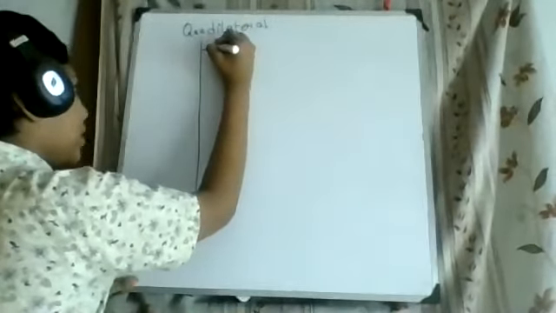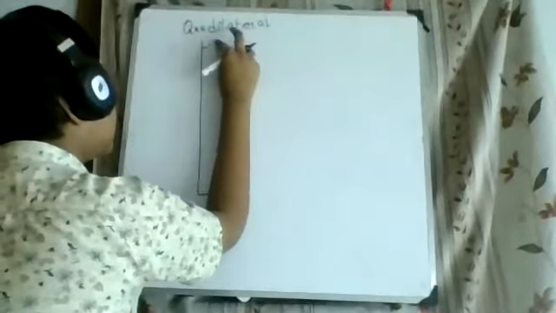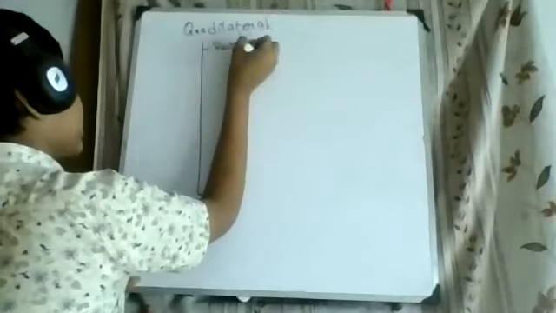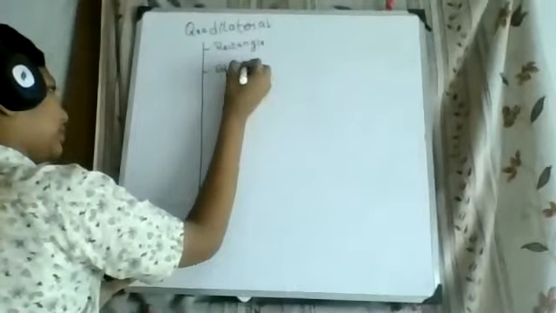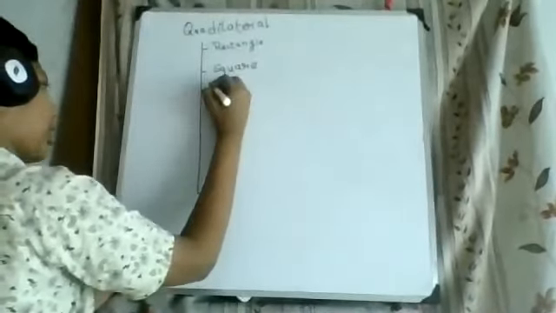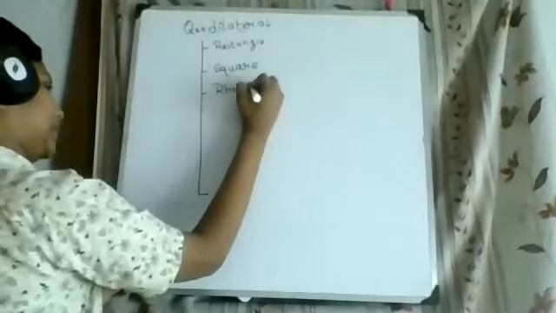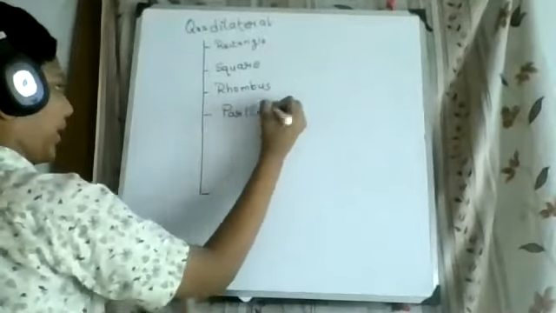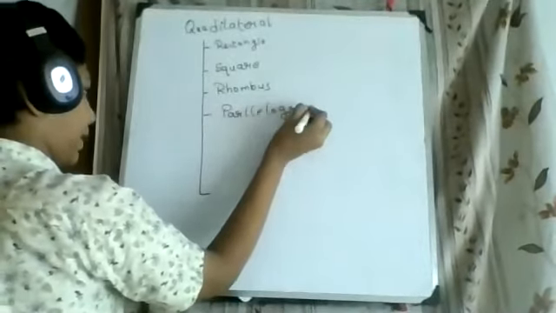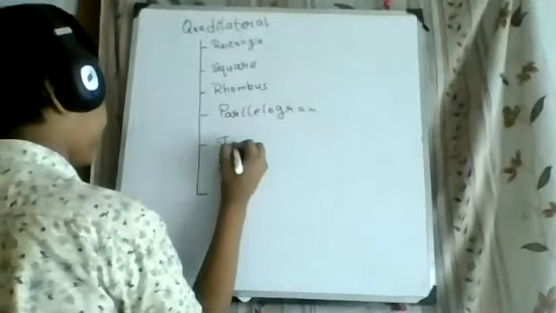First, we are going to see about rectangle. Rectangle, square, rhombus, parallelogram, and trapezium.